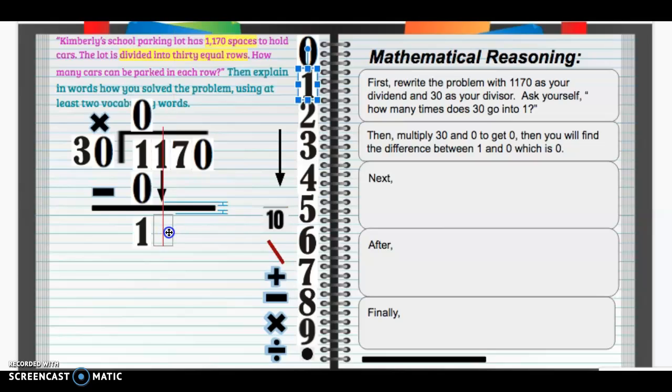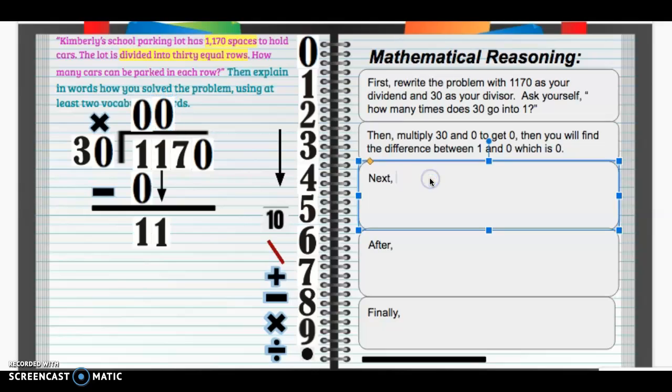And then you're going to ask yourself, how many times can 30 go into 11? Well, 30 is bigger than 11, so it's still 0. Then I ask myself, how many times does 30 go into 11? So it is 0.